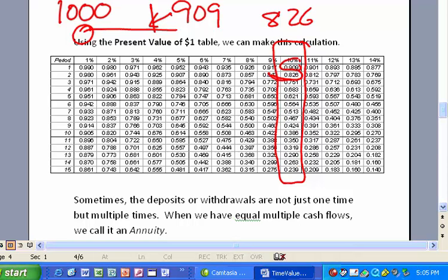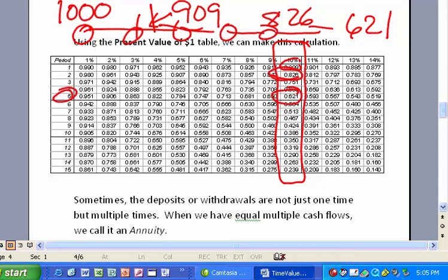If we put $621 into a bank account today and let it grow for 5 periods, then it becomes $1,000. So the further out in time that this $1,000 goes, first period, second period, third period, the further out in time you go, then the less that money is worth.